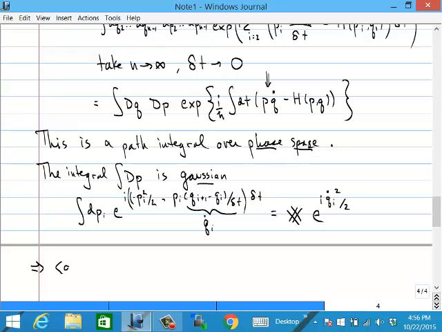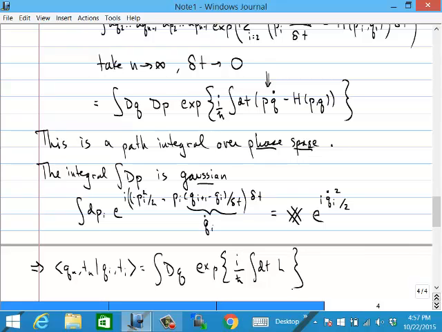So this transition amplitude is just an integral over all paths through configuration space of e to the I over h bar times the integral dt of the Lagrangian. So this is a derivation, a slightly imprecise derivation, of the fact that what appears as the integrand in a path integral is just the exponential of the action.